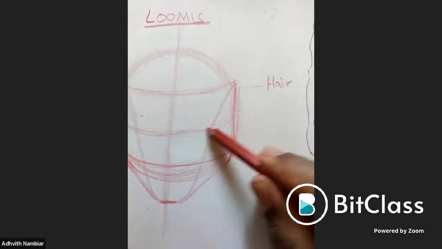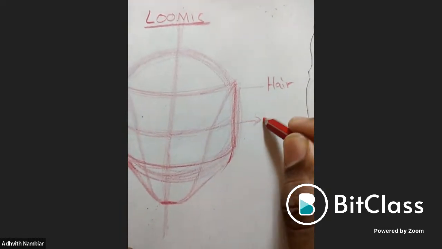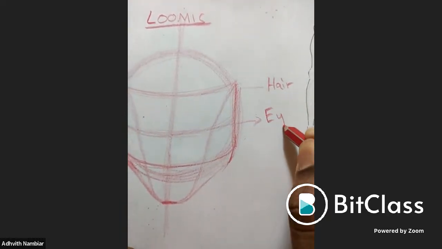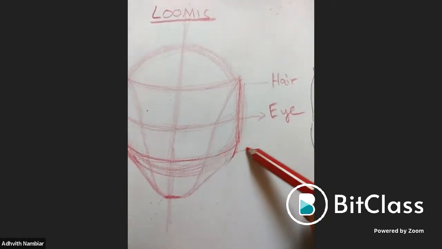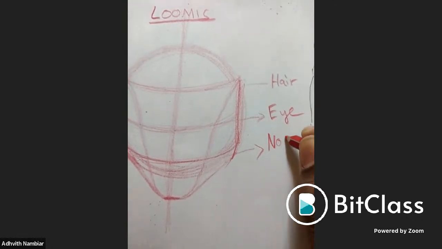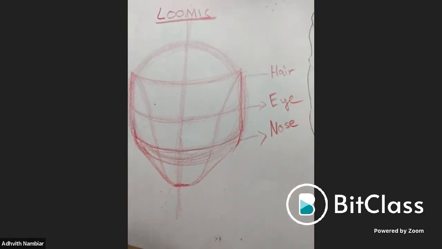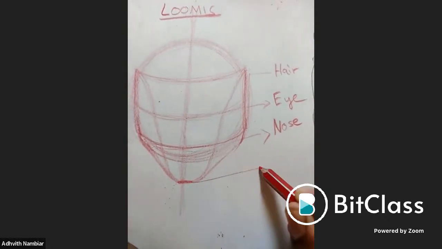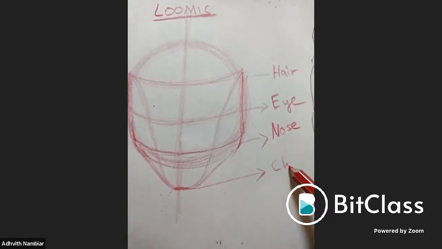This line in the center is the eyeline. This third line that we did over here is the nose line. Yes, Prajakta, exactly, the nose line. And finally, here we have the chin line or jaw line.